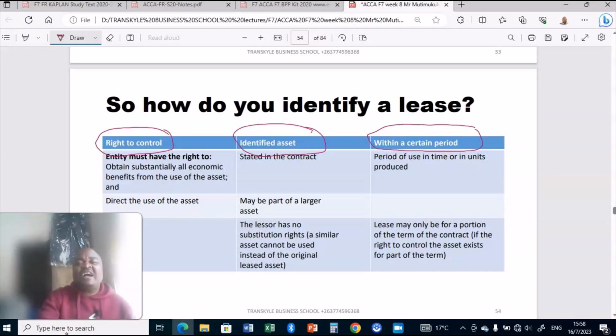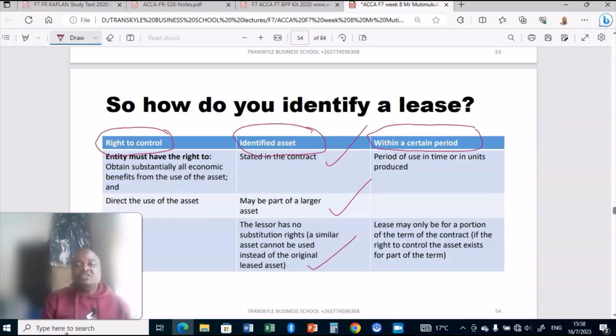Then the identified asset should be stated in the contract of lease, and may be part of a larger asset. The lessor has no substitution rights. A similar asset cannot be used instead of the original leased asset.